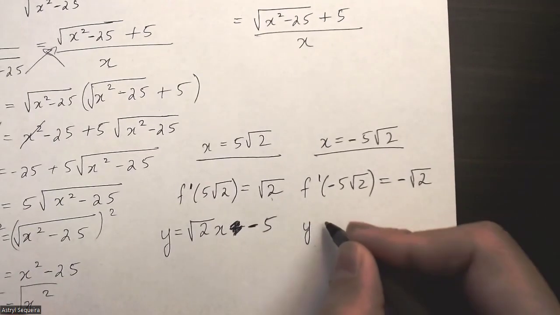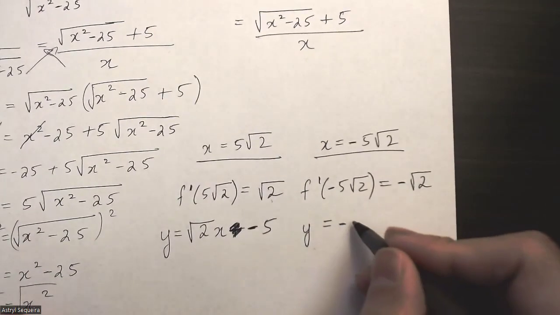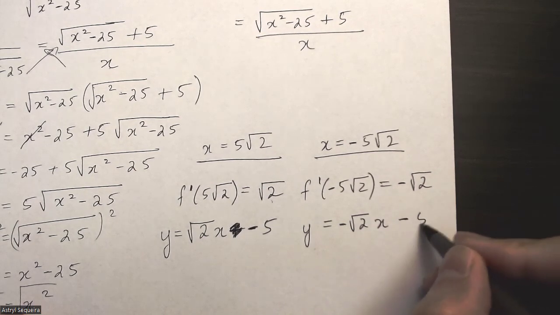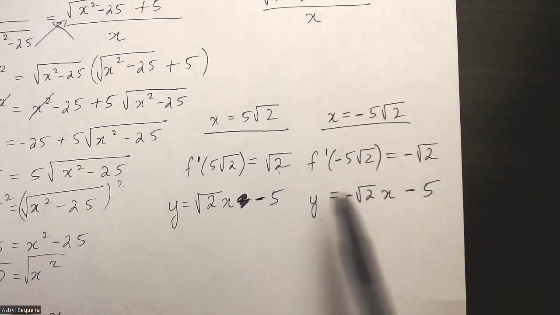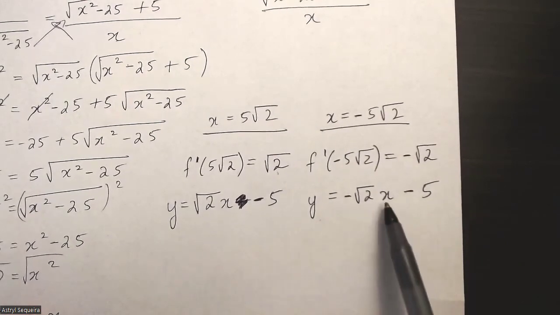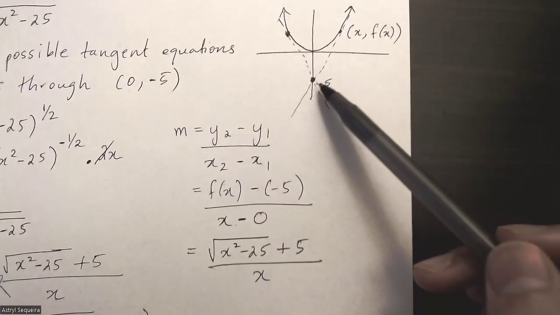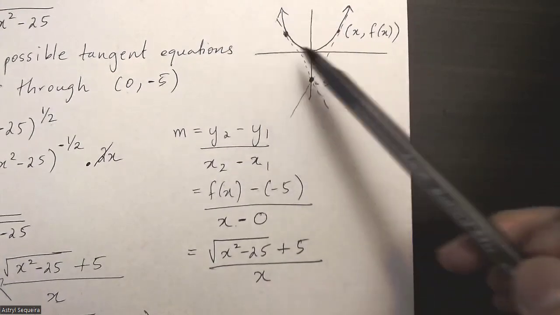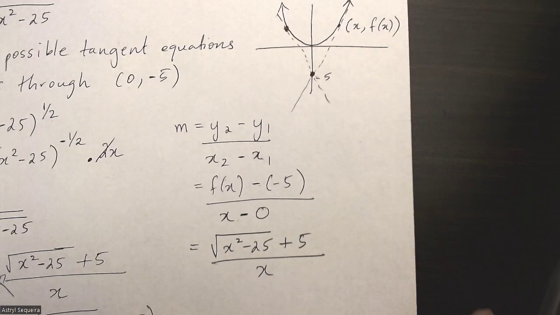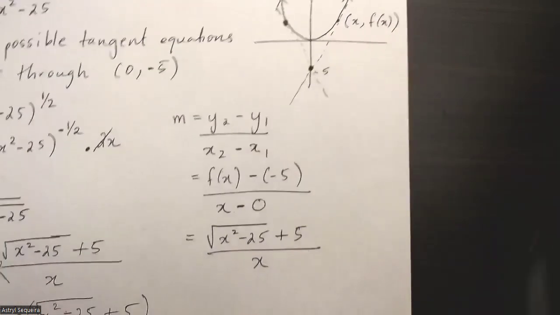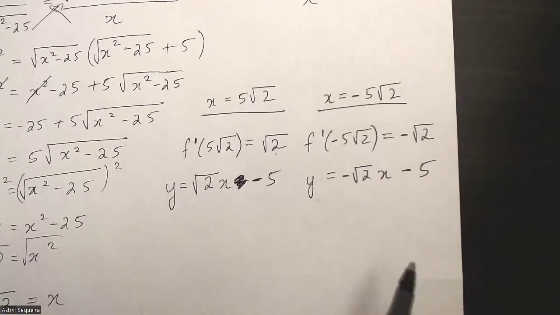So the second equation is y equals negative root 2x minus 5. And these are the equations of the two tangent lines that basically pass through the point 0, negative 5. Again, remember this diagram is not accurate. I just did a quadratic equation there, but you can think of it similarly in terms of this question over here.